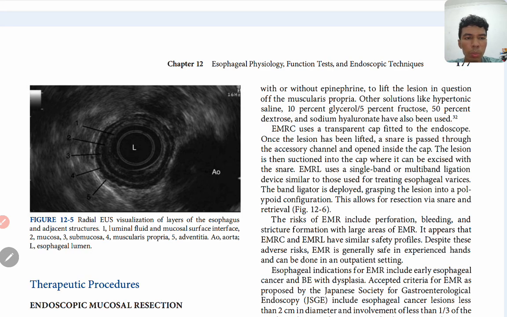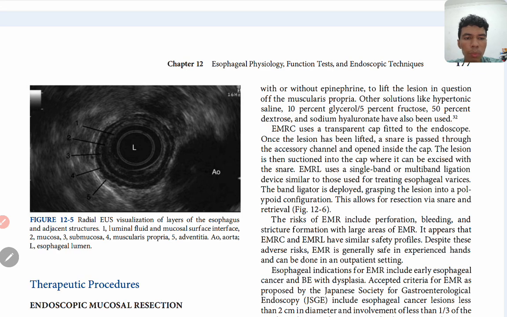Other solutions like hypertonic saline, 10% glycerol or 5% fructose, and 50% dextrose and sodium hyaluronate have also been used. EMRC uses a transparent cap fitted to the endoscope. Once the lesion has been lifted, a snare is passed through the accessory channel and opened inside the cap. The lesion is then suctioned into the cap where it can be excised with the snare.